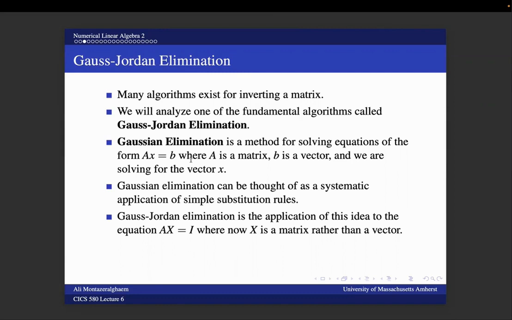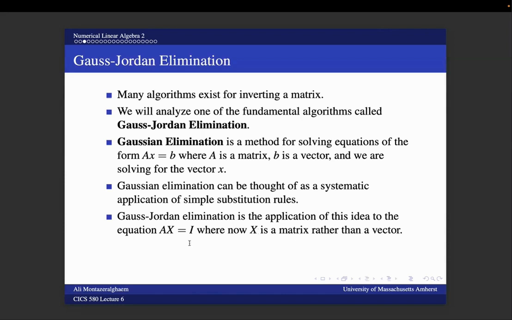And Gauss-Jordan elimination is the application of this idea. Instead of just having, for example, A times X is equal to B, we have AX equal to the identity matrix, and here we have X as a matrix rather than a vector.